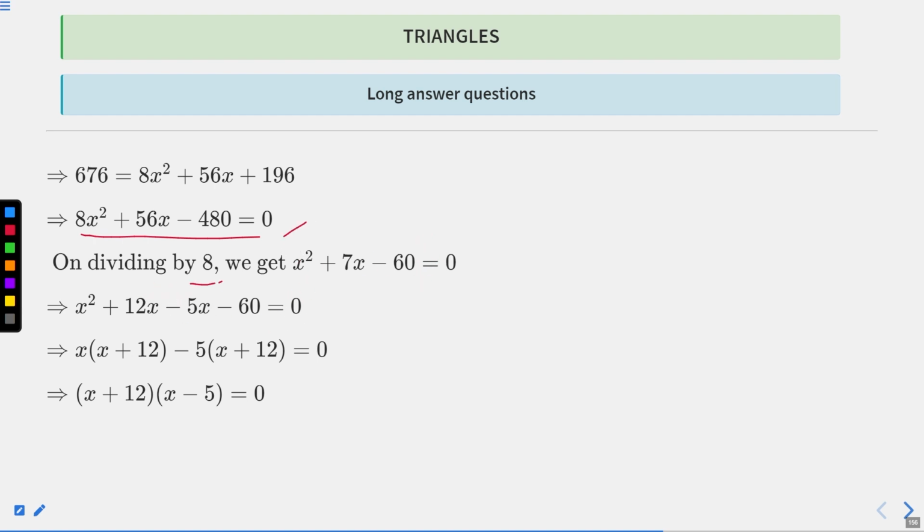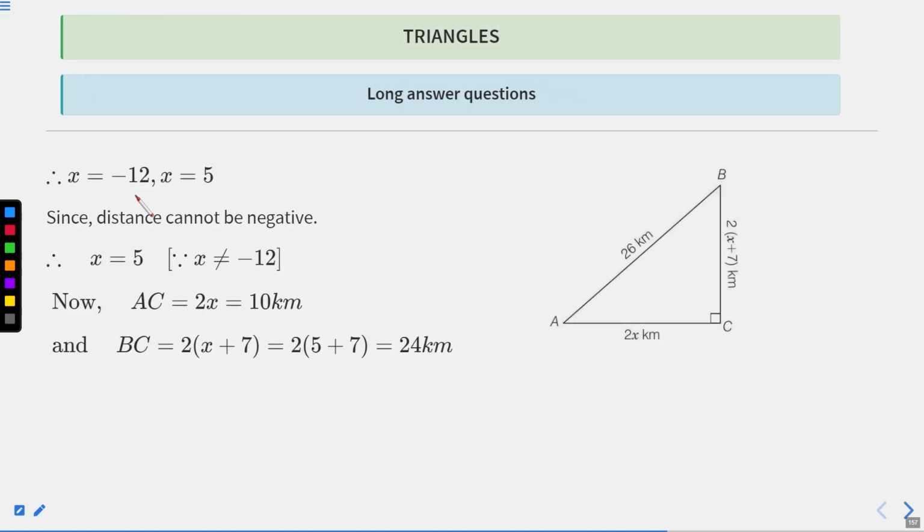Now if we divide by 8, then we get x square plus 7x minus 60 is equal to 0. Now if we split the middle terms, then we can factorize this quadratic polynomial. So this implies (x plus 12) into (x minus 5) is equal to 0. So it implies that either x equal to minus 12 or x equal to 5, but distance cannot be negative. Okay, so x can be 5.